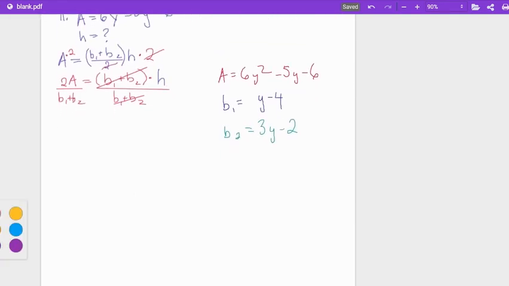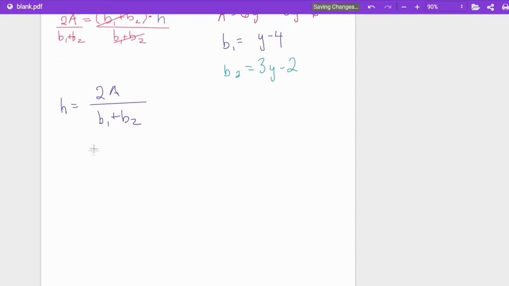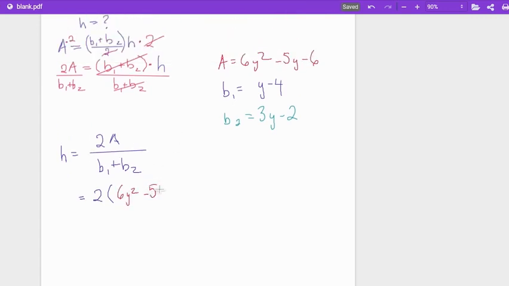Okay, so let's use this simplified formula where we've isolated h. It's going to be 2 times the area over b1 plus b2, meaning 2 times 6y squared minus 5y minus 6. You could have factored that right away.